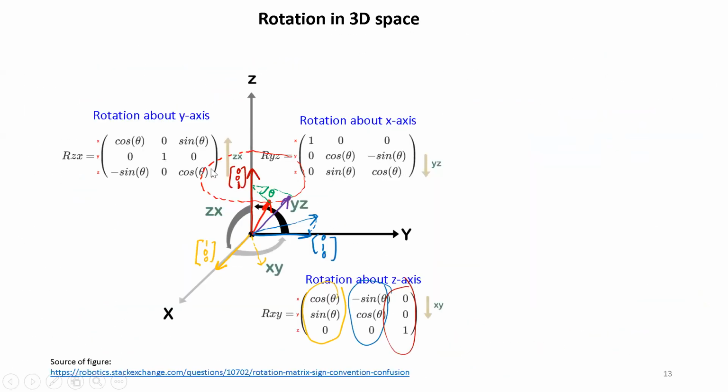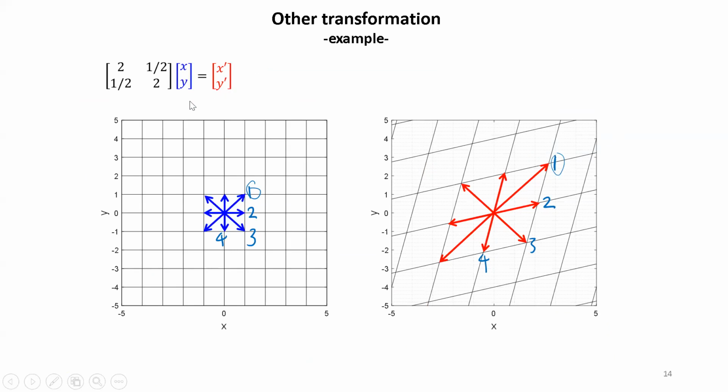I want to go back to this example. Try this one: find the eigenvalues and eigenvectors of this matrix here. Just try to do it once by yourself, to make sure that you know the procedure.